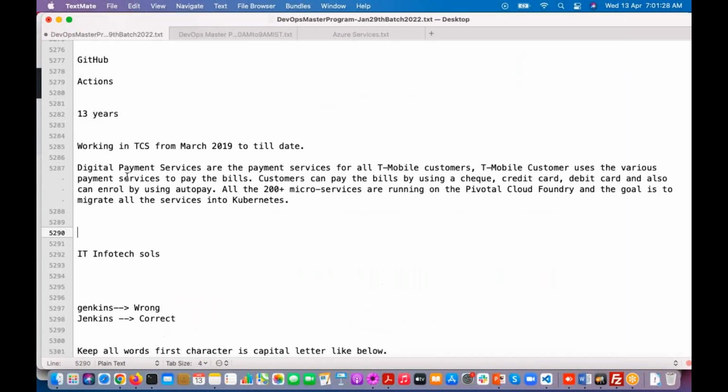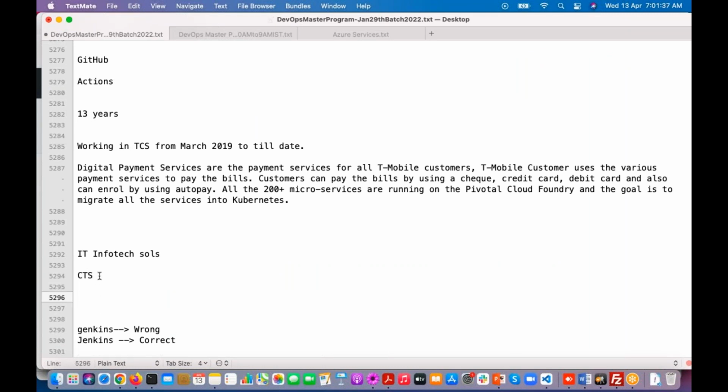Suppose you are applying for a position in CTS, Cognizant. The Cognizant interviewer doesn't know whether this particular project is being developed in TCS or not.